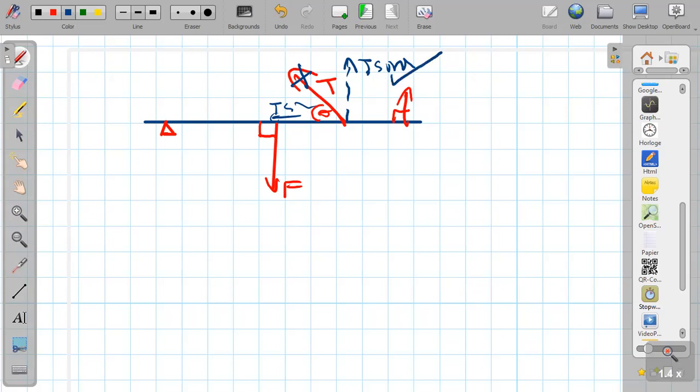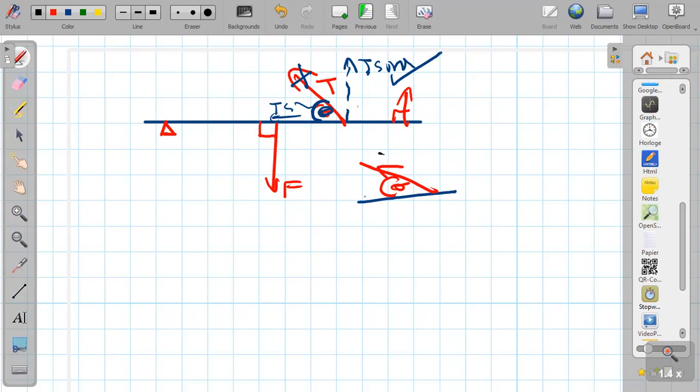Always get the component perpendicular to the path, the axle. Okay? Got it? How do you know it's T sine theta and not cos theta? Because see, the theta is here. The perpendicular component is T sine theta. Don't you know how to resolve this force?